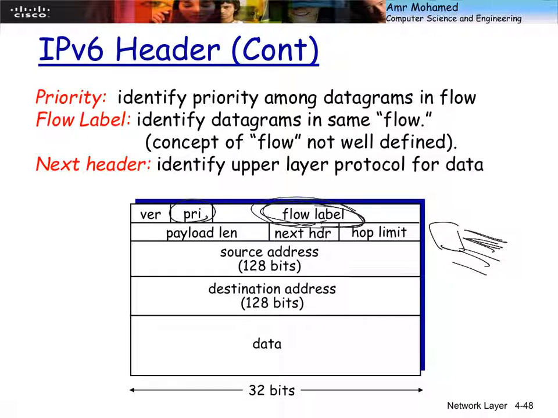So isn't this going to drag us back to this? Again, the question is, now we have a flow label, right? ATM used to have a flow label or some end-to-end session ID, which is similar to this. So are we going back to the same concept of ATM, or is this different?